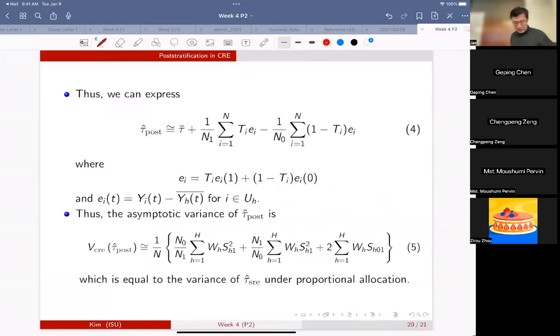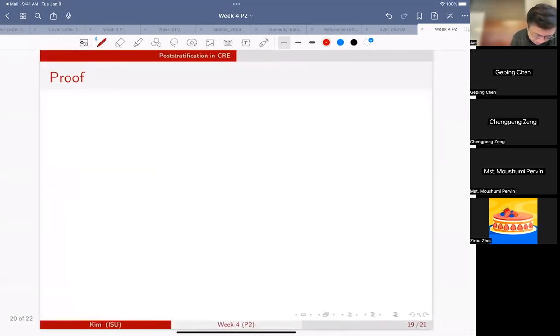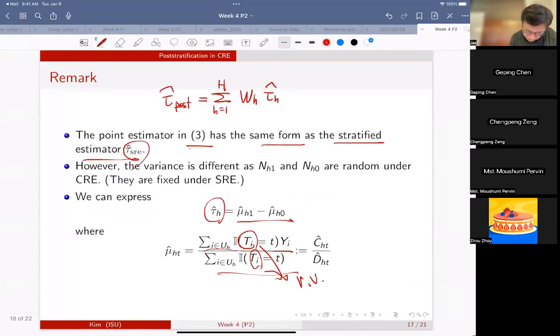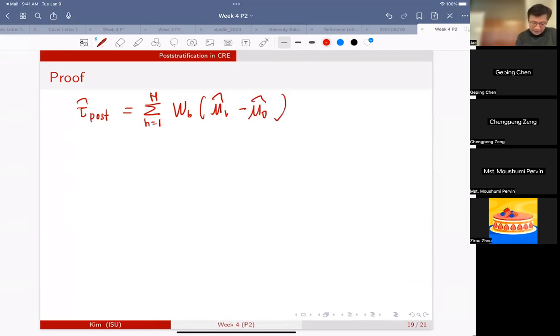Now let's show the result. This is the sum over h equal to 1 to H of w_h tau hat_h, which is mu hat 1 minus mu hat 0.